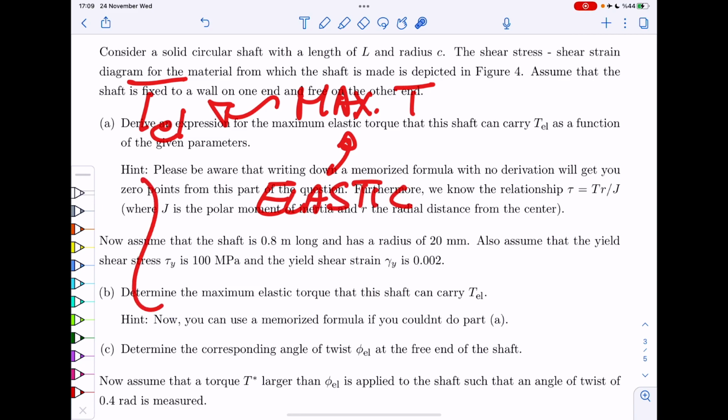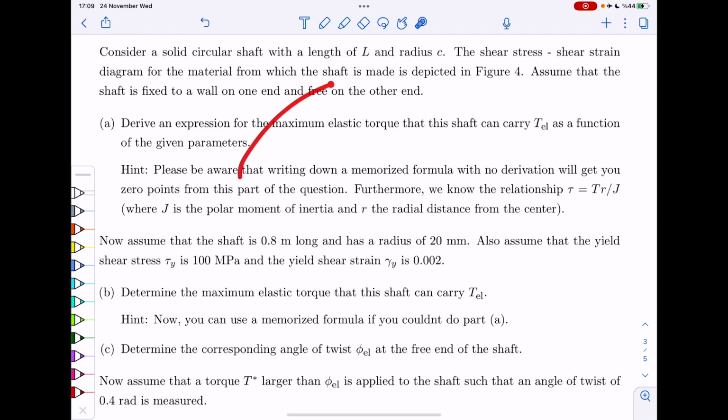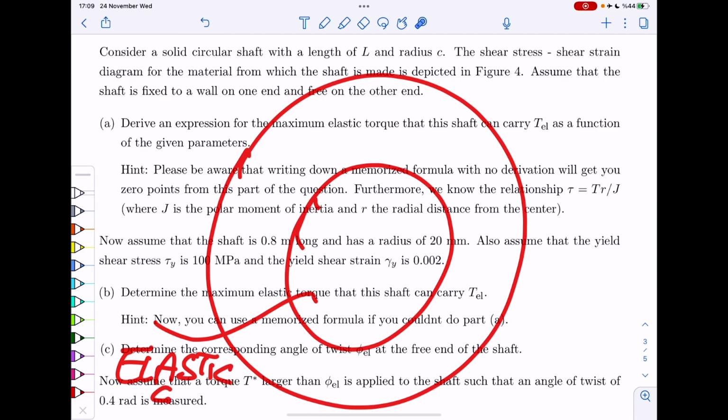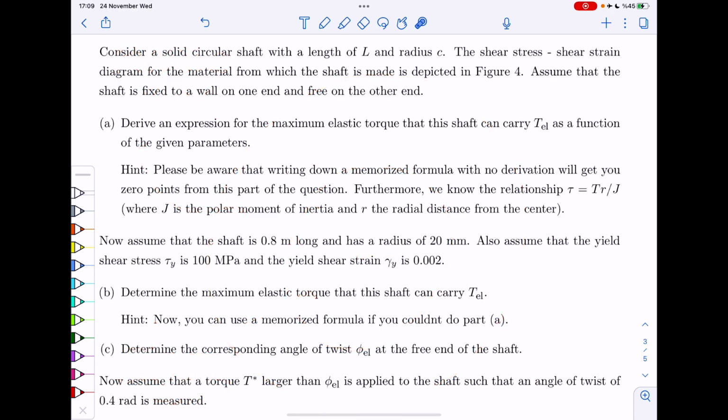But if you apply a T that is larger than that, what happens is that if this is your circular cross-section, you will have an inner circle which is elastic. We call it the elastic core. And then we have the outer circle, which we call the plastic ring. Does that make sense? Because we exceeded our maximum stress, right?